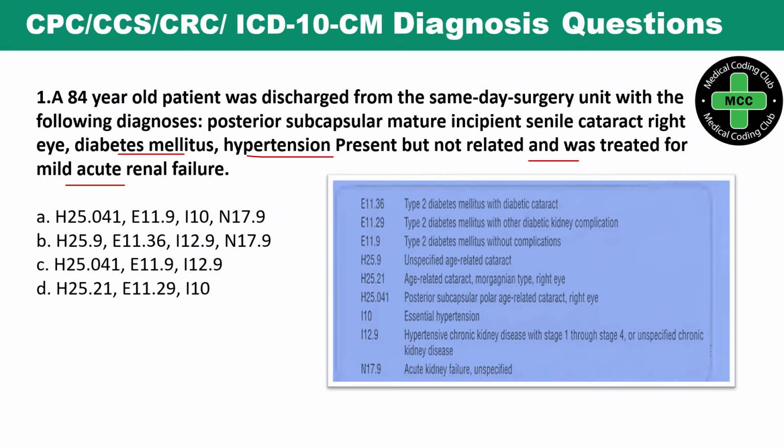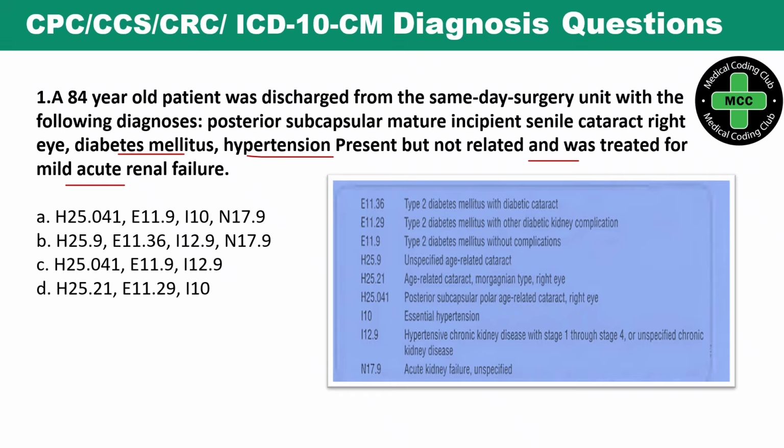Here we have multiple diagnoses, and we need to first identify what are the current conditions being treated. Also, when we have multiple diagnoses, we should know the usage of combination codes.